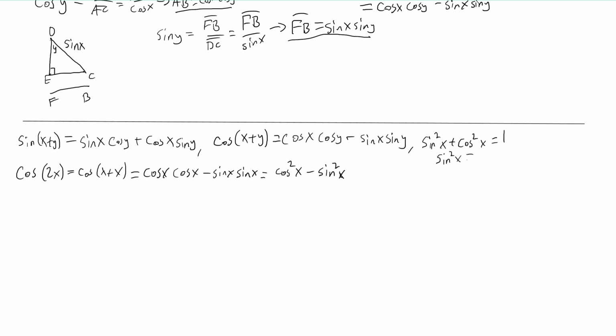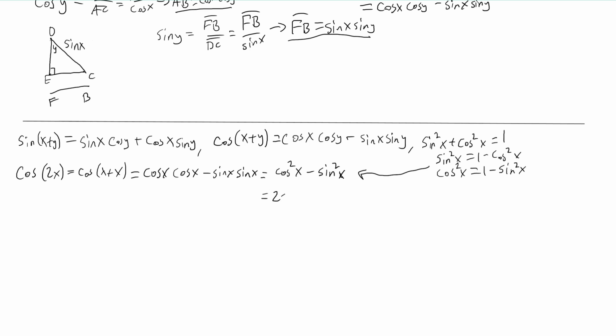Sine squared of x is 1 minus cosine squared of x, and cosine squared of x is 1 minus sine squared of x. If we take each of those and plug them into here separately, we get two more forms for cosine of 2x.